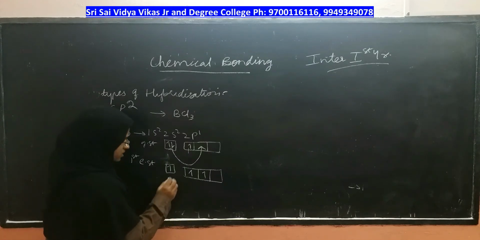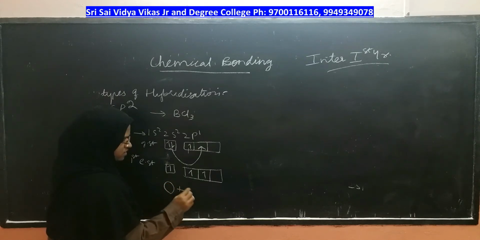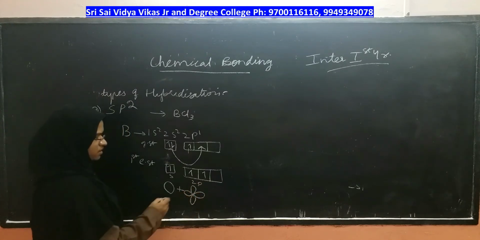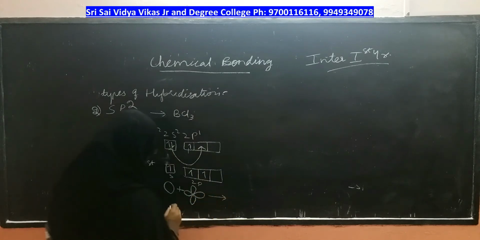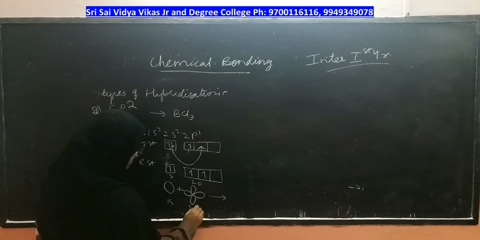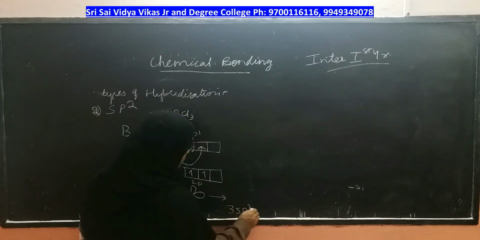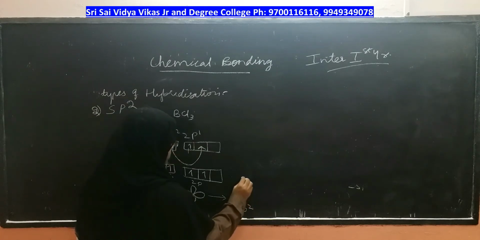Undergo hybridization. What is the shape of s? What is the shape? How many p here? 2p. This is 1p, this is another p. It intermixes. Total how many hybridized orbitals should you get? 3 hybrid orbitals. What should be the name of each hybrid orbital? sp2. What should be the shape?